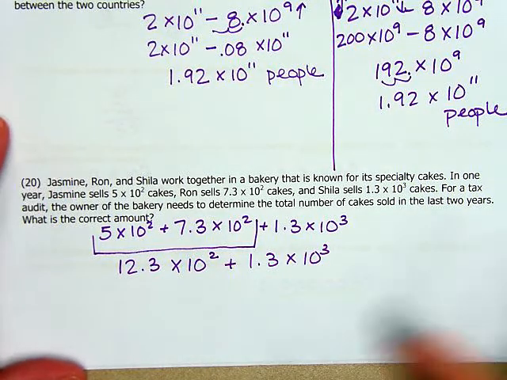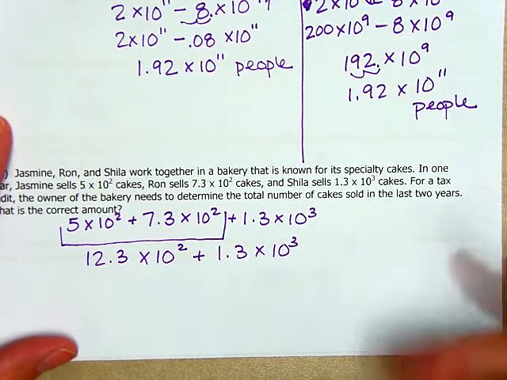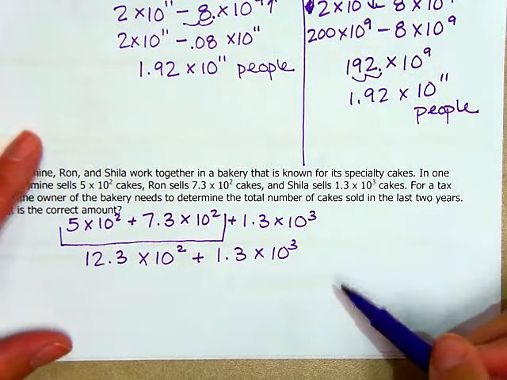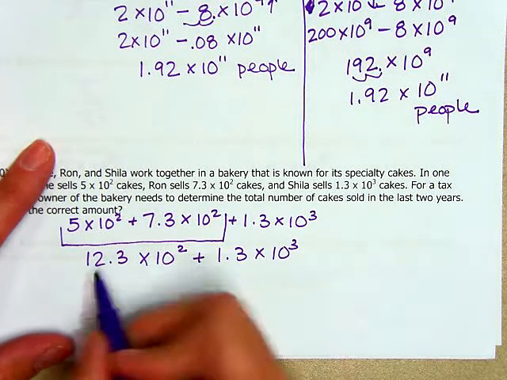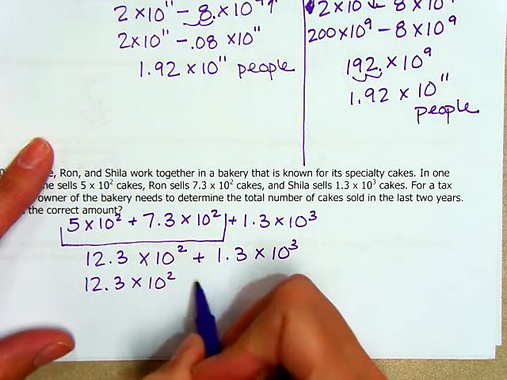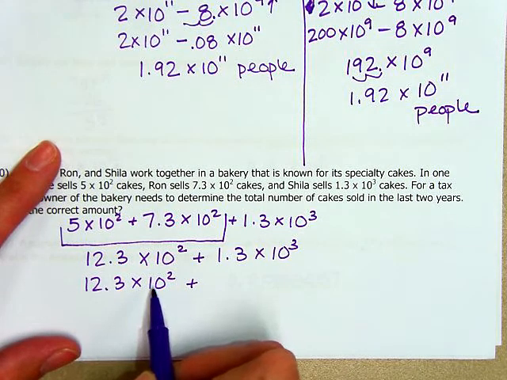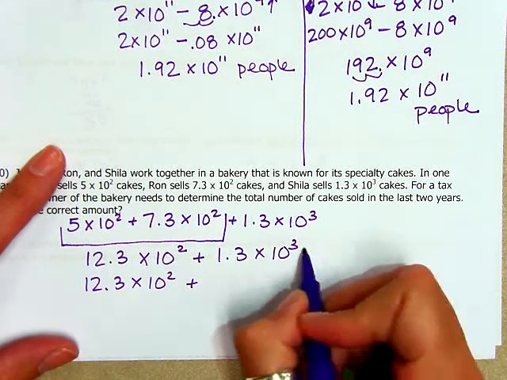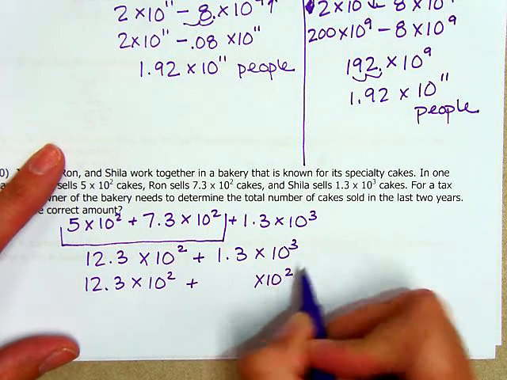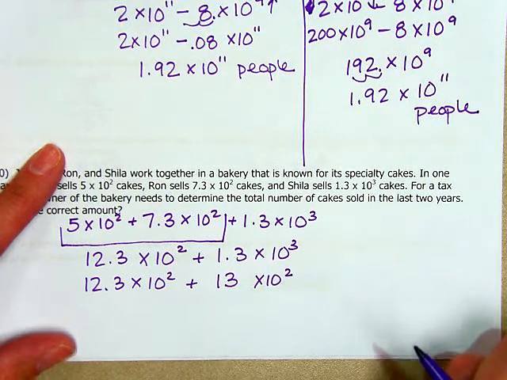And again, we're in the same situation as we were in problem 19, to where we need to decide which one we're going to keep and which one we're going to change. So let's just keep the first one because it's the first one. And this isn't even scientific notation, so we could take care of that first, but let's go ahead and change it anyways. So if this one decreased by 1, this one needs to increase by 1.